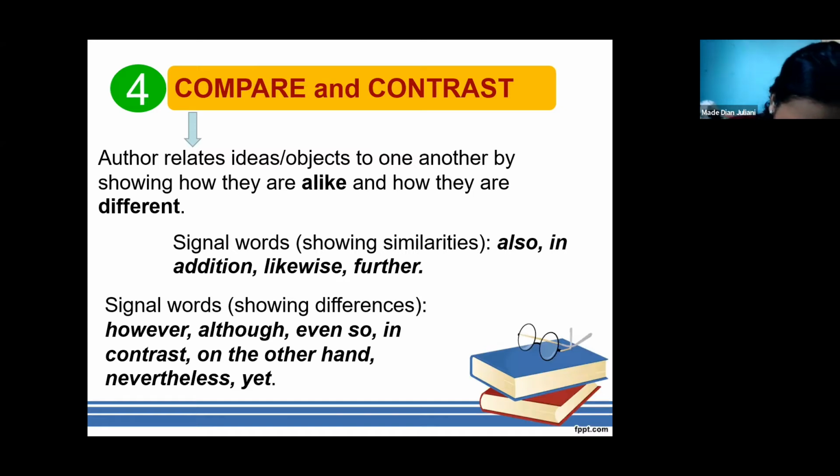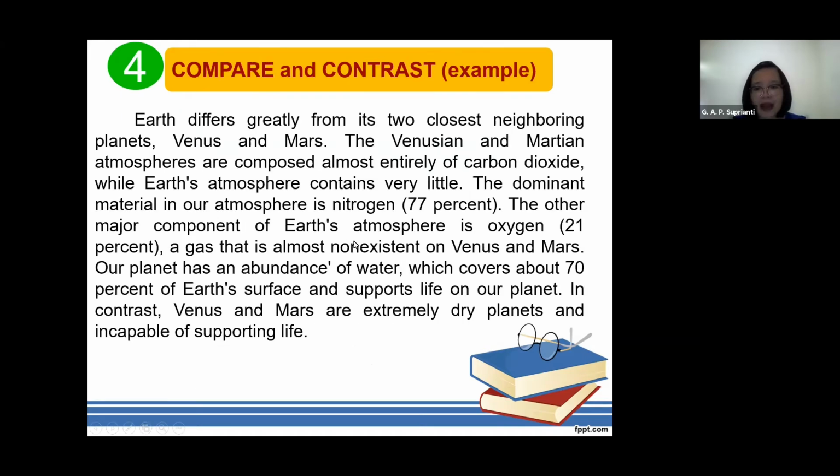So, the signal words usually used in compare and contrast paragraph for showing similarities are also, in addition, likewise, and further. But for showing differences, it is used however, although, even so, in contrast, or on the contrary, on the other hand.